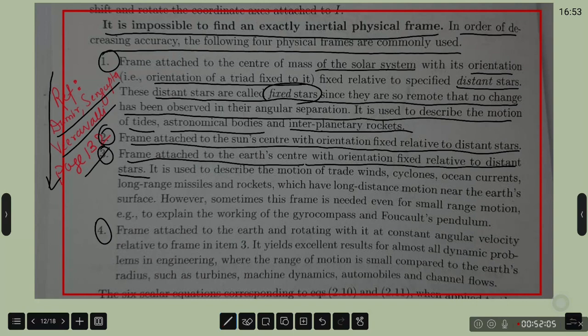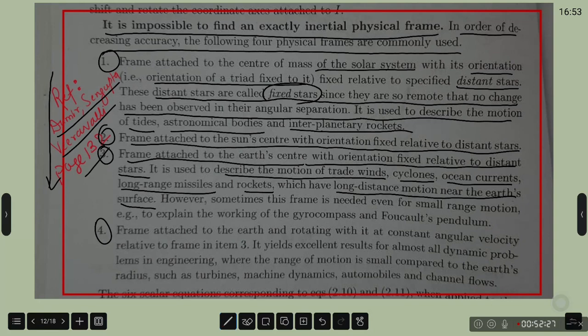The third reference frame can be treated as an inertial reference frame to describe the motion of trade winds, cyclones, ocean currents, long-range missiles and rockets which have long-distance motion near the Earth's surface. However, sometimes this frame is needed even for small-range motion.